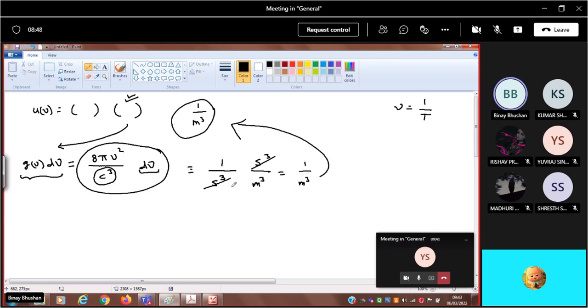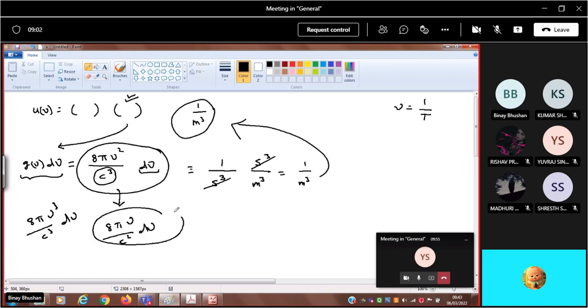I have seen students writing this number of standing waves as 8 pi nu cube by c cube d nu, or 8 pi nu by c square d nu. I feel pity for those students who write without understanding anything. This is not correct. This is also not correct.